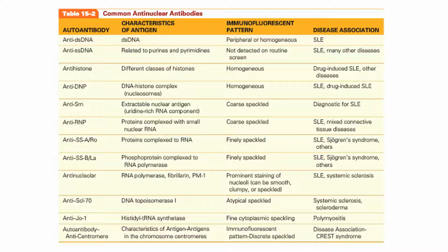As I previously mentioned, the chart for the ANA is extensive. As we looked at the patterns of the ANA in class that the fluorochromes produce under the microscope, you see homogeneous, fine, coarse, but if you look to the left, there's more than one antibody by far involved in systemic lupus.